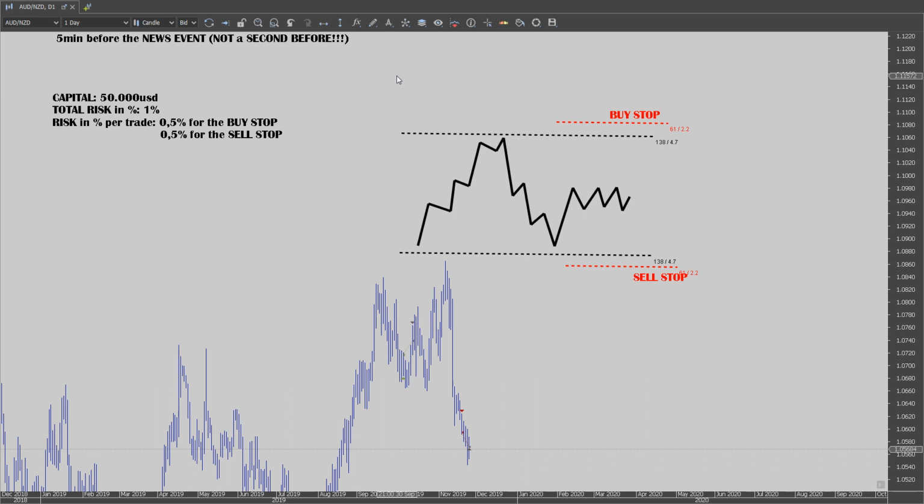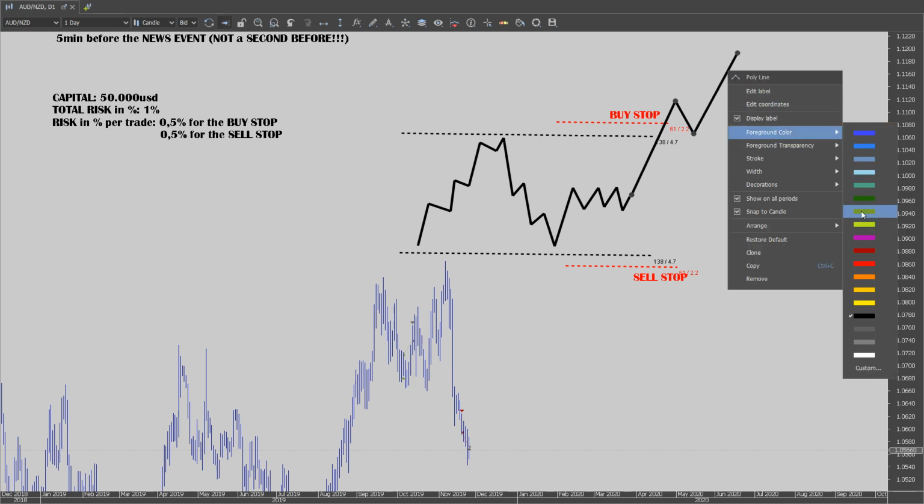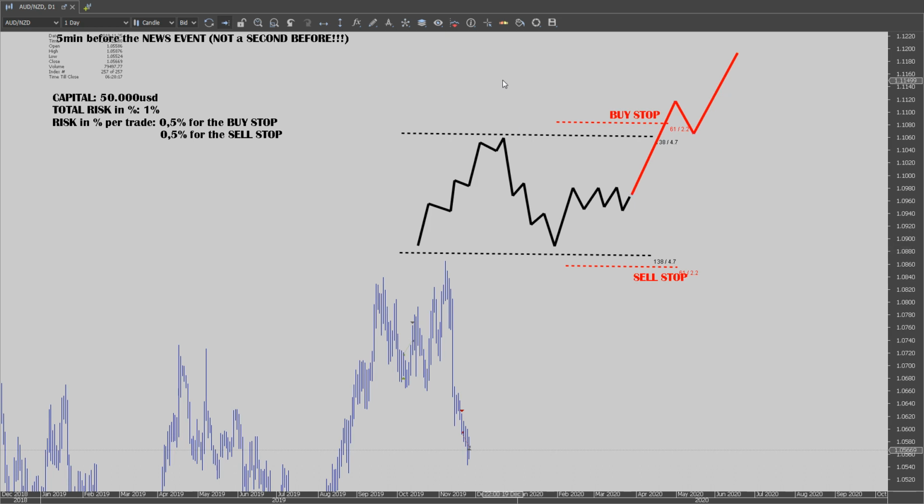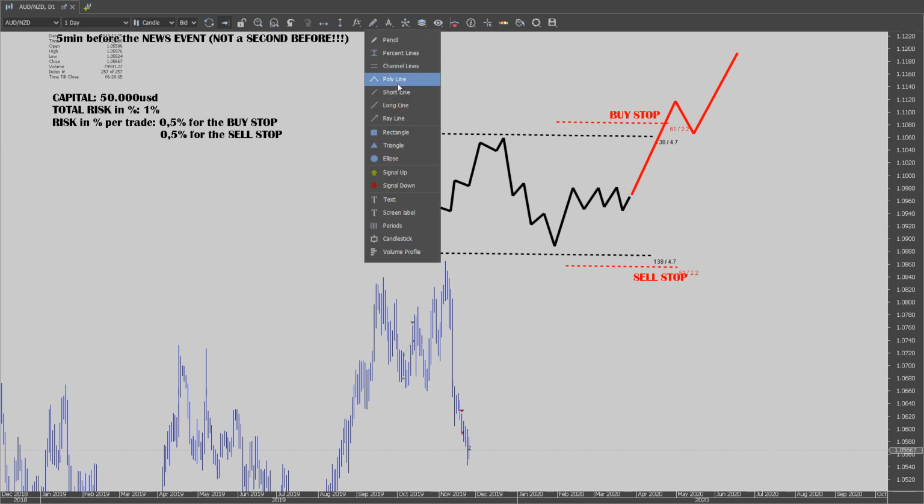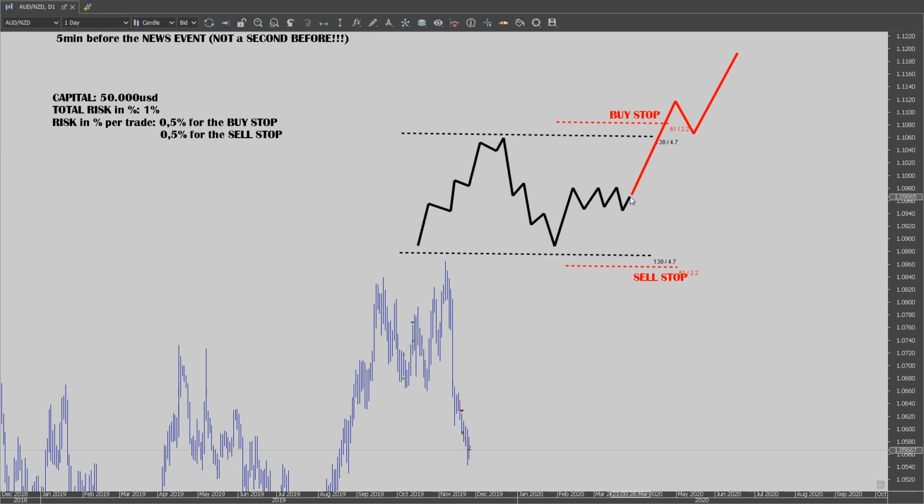And when the news event comes, everybody, one of three things is going to happen. Either the market is going to shoot up, take you in, and continue to rise. This is one scenario. Or the market is going to fall, is going to dip. You're going to see a spike on the downside.